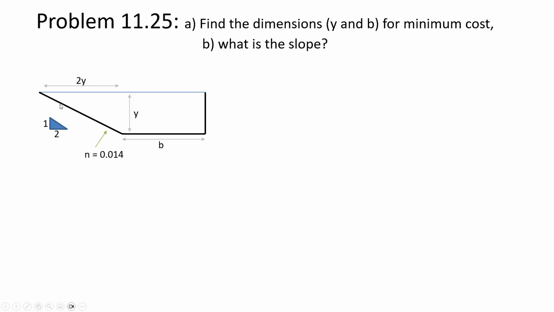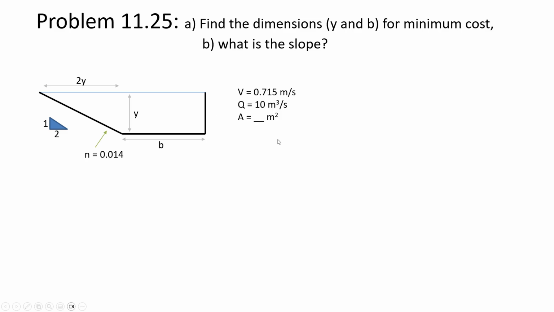Okay, because a triangle is 1/2 its base times height. So that's the area. The wetted perimeter will be this length, which is the square root of (2y) squared plus y squared. That's how you find the wetted perimeter here. So the wetted perimeter total, though, is this length plus b plus y.